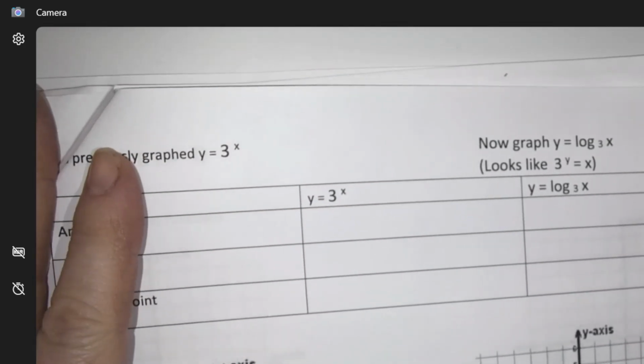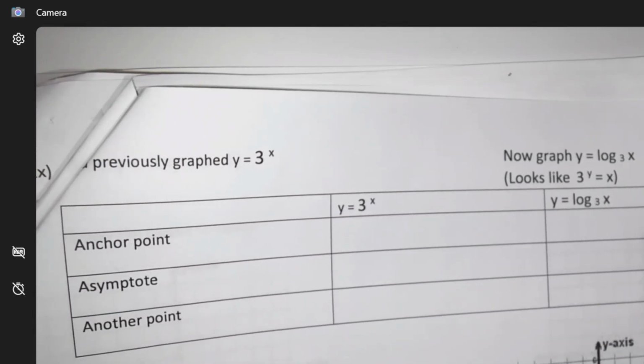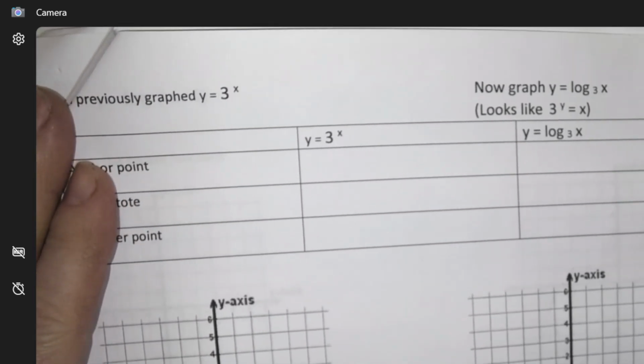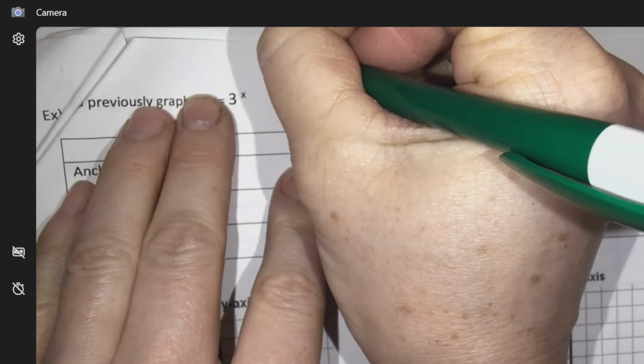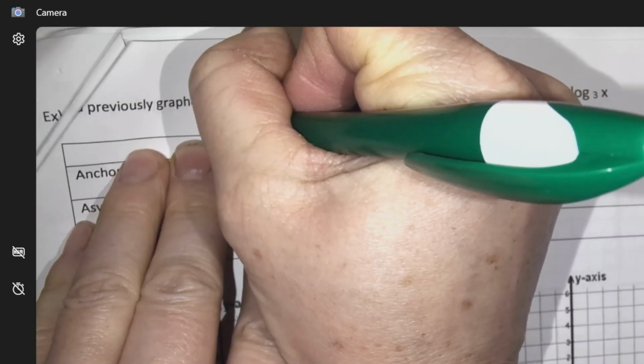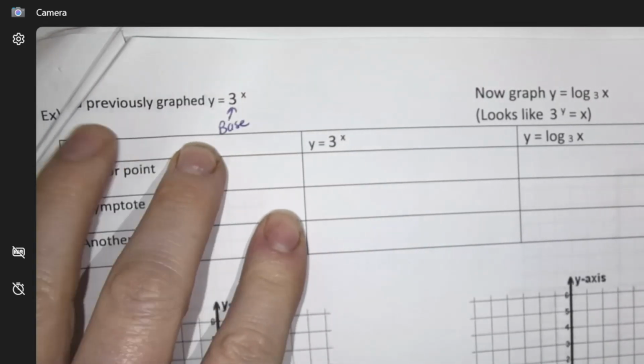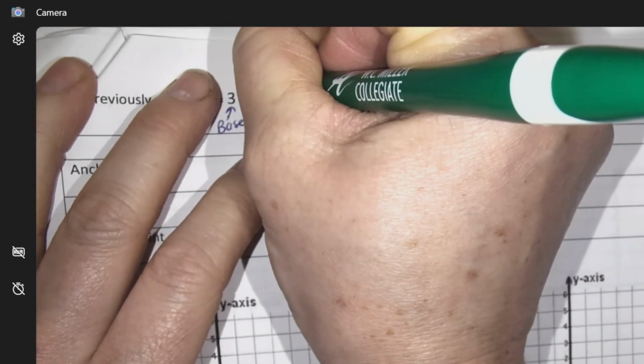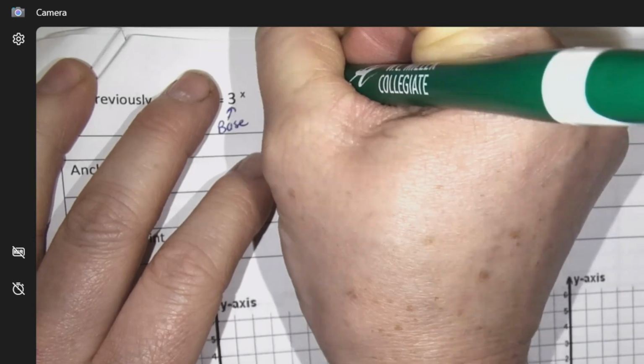Okay, now we're going to understand the relationship between exponential graphs and log graphs. Okay, so the base here is a 3. So I'm going to go 3 to the negative 1, 3 to the 0, 3 to the 1.